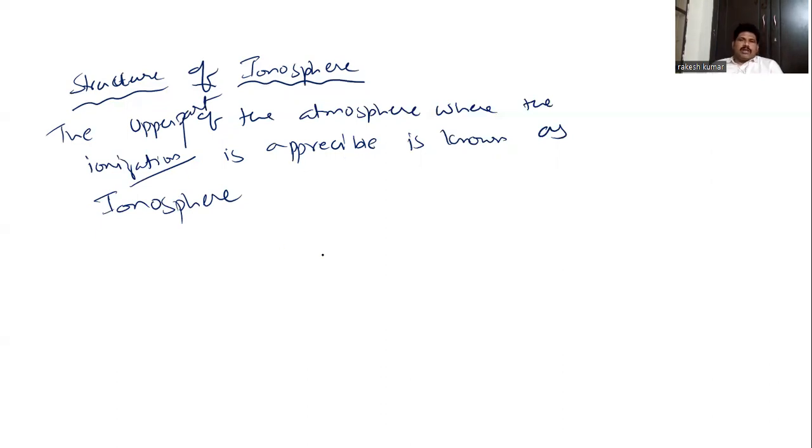Let us see the structure of the ionosphere. Drawing the diagram, let us consider this is my Earth surface.